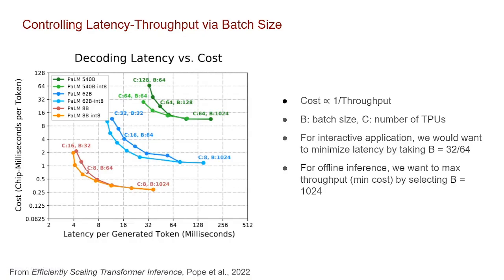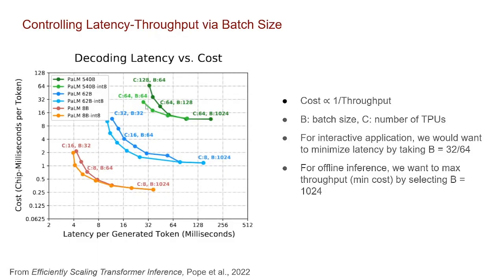Usually one decides upon what is the permissible latency, and then selects the batch size so that they can maximize the throughput without going beyond the critical latency requirement. So even though a batch size of 1 maybe gives us the minimum latency, the GPUs are so underutilized in that case that it's not feasible to run the service with that.